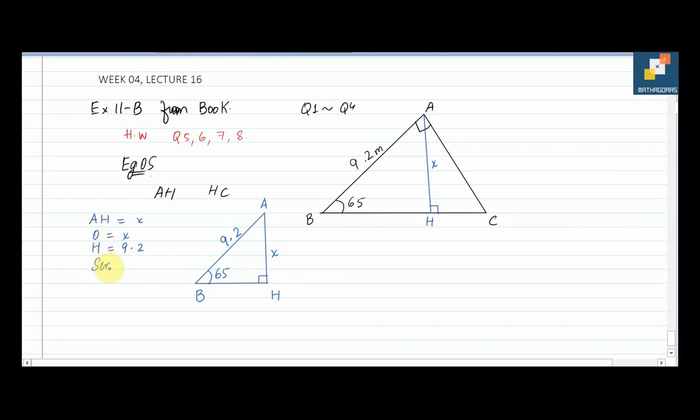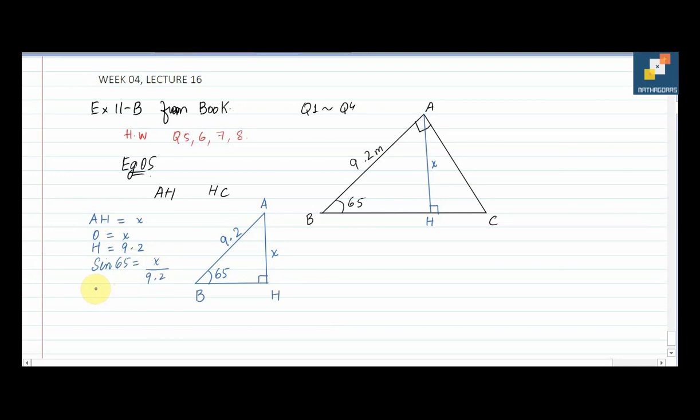So it's sine 65 equals X divided by 9.2. So you make X the subject of the equation.